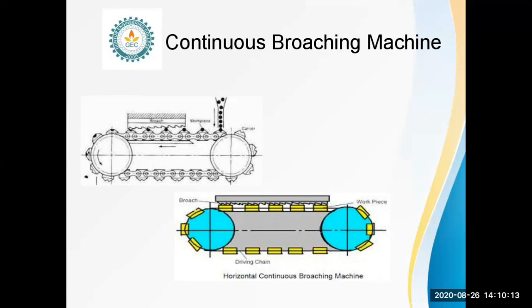The chain carries the work in a straight path under the stationary broach, and this is also used for surface broaching. In continuous broaching, the broach is held stationary while the workpieces are continuously passed under it.